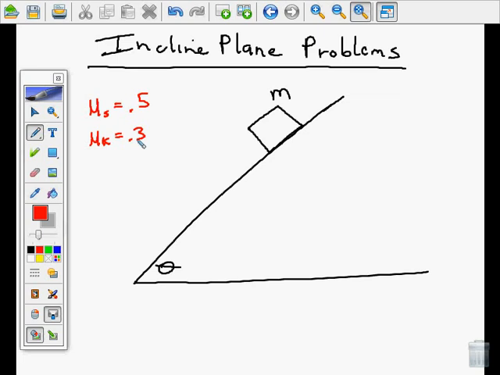So for example, if you're going to draw the free body diagram of this, you have the whole weight force. You could call it Fg, or you could go straight to calling it m times g. You've got the normal force holding out underneath the ramp this way.